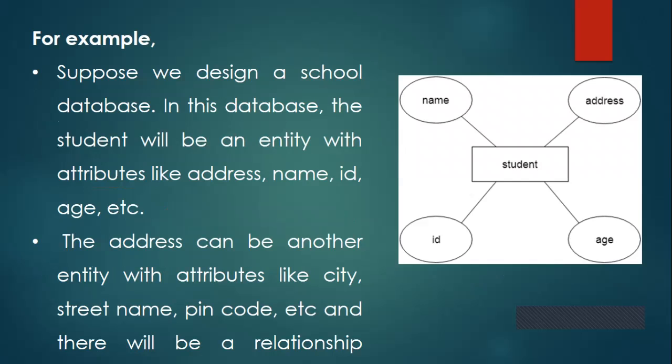Suppose a student is enrolling in a university or a college, what are the basic things he fills on the form? His name, his parents' name, his Aadhaar card ID, a scholarship ID if he has one, his age or date of birth, and so on. Those are called attributes.